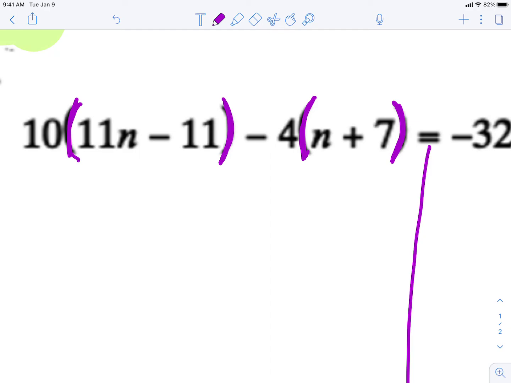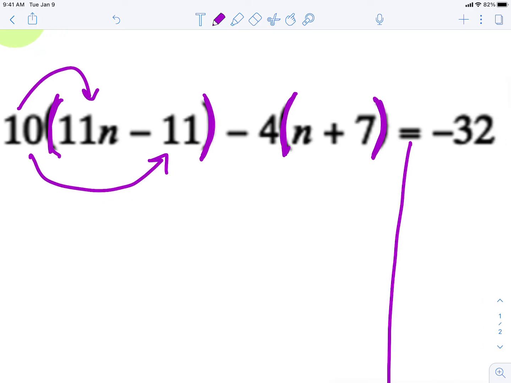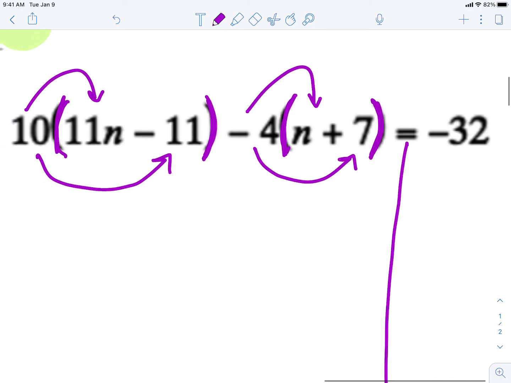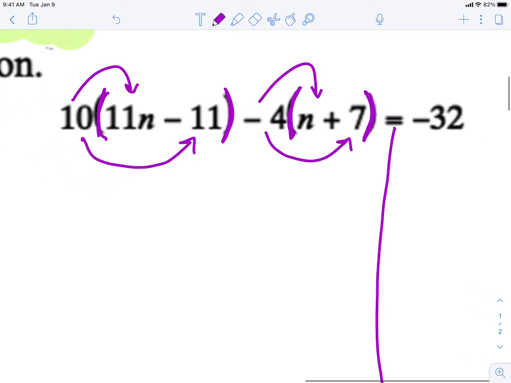So let's see. 10 multiplies with 11n on top. 10 multiplies with negative 11 on the bottom. Negative 4 multiplies with n on top. Negative 4 multiplies with 7 on the bottom, just like that, right?